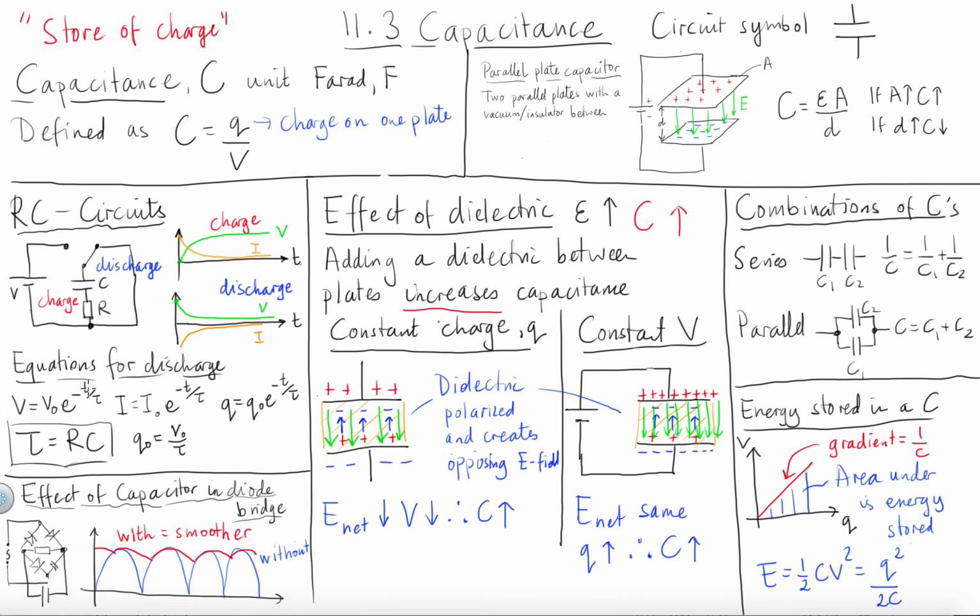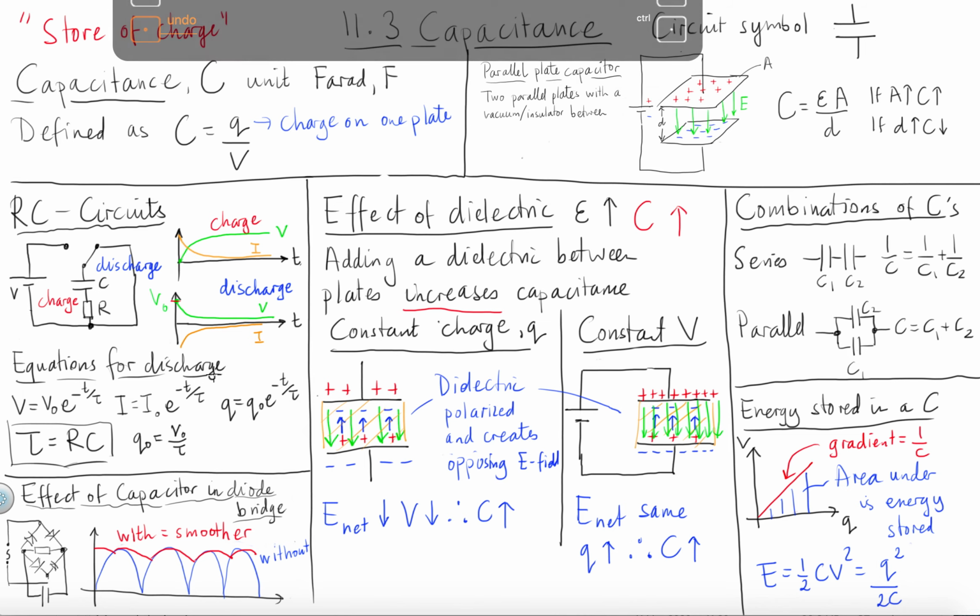As an example, the potential V at any time is V0, the peak or initial value of the potential at time equals 0, times e to the power negative t divided by tau, where this tau constant is the resistance times the capacitance. So if we were to increase either the resistance or the capacitance, then we would have a longer discharge time. It would take longer to discharge the capacitor.